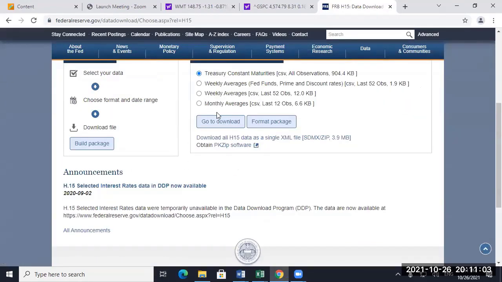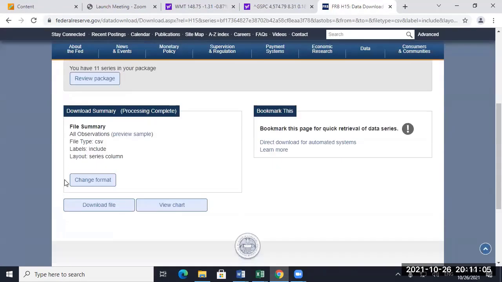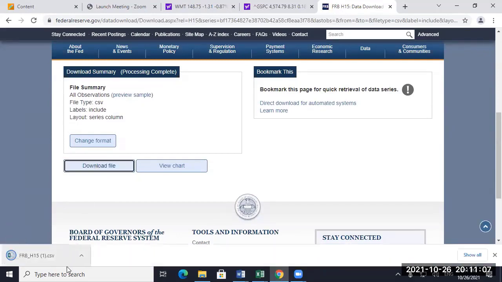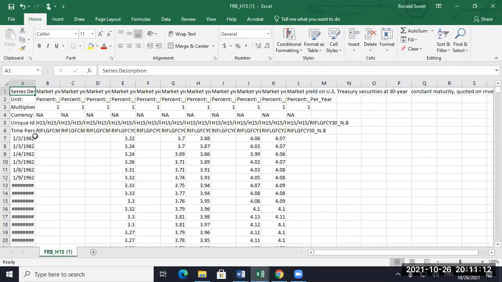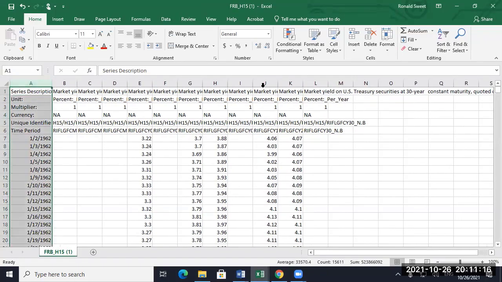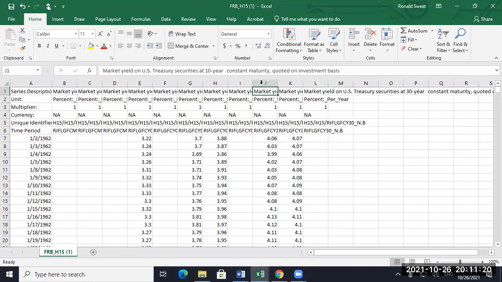You have the data back to 1962, and the 10 year somewhere in there. There it is. What do they mean by constant maturity?